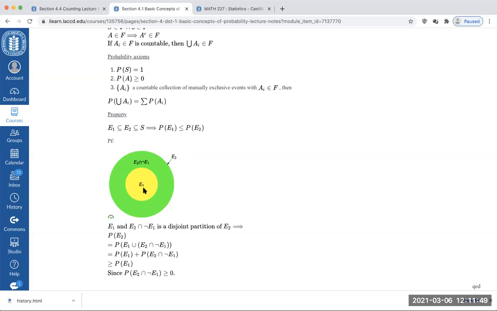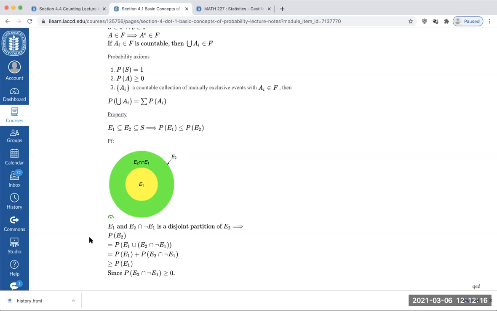So the guy in the middle, E sub 1, union E sub 2 intersect not E sub 1, so this green torus on the outside. Well, the union of these is E sub 2, and their intersection is the empty set. So these are a disjoint partition of E sub 2.